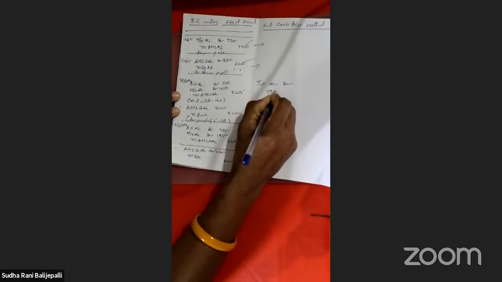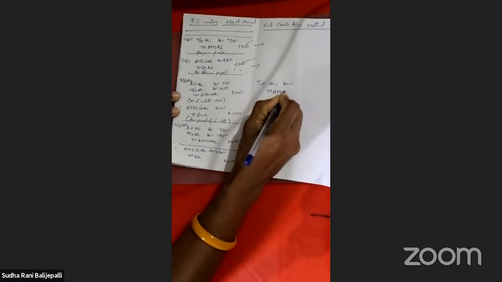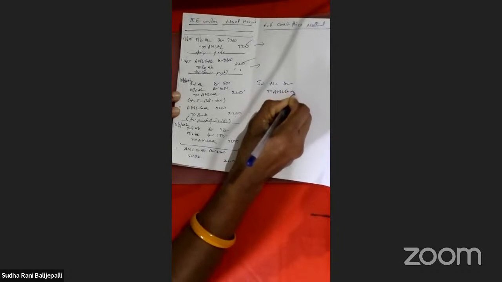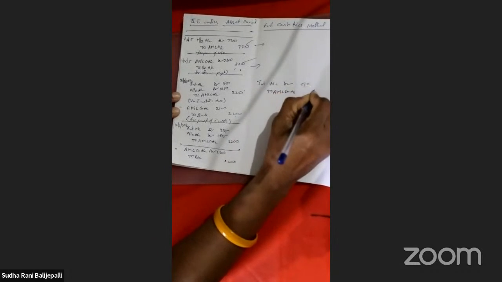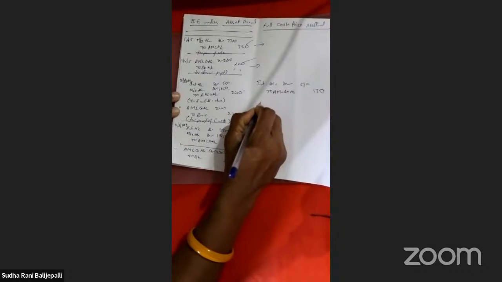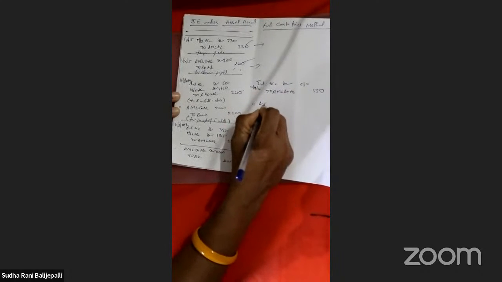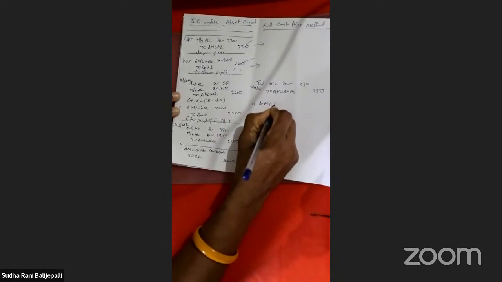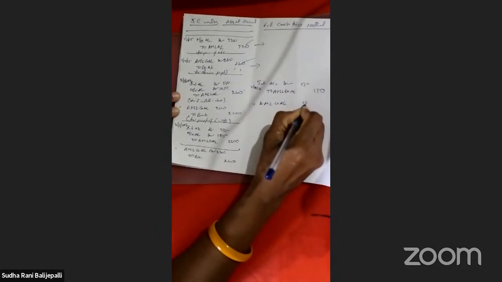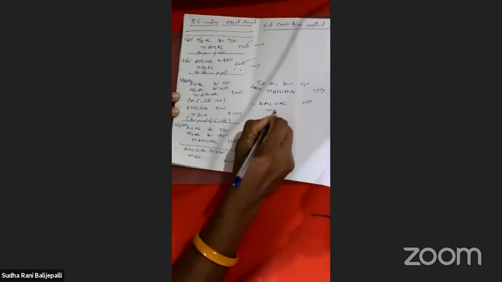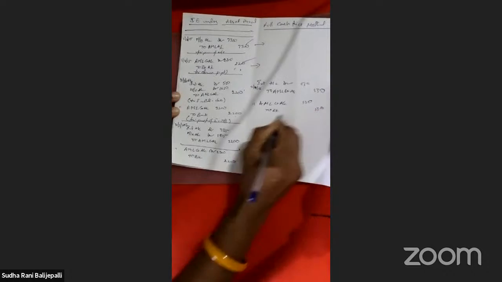To Automated Machine Tools Limited Company account, only the interest amount: Automated Machine Limited Company account debit 550 to bank 550.